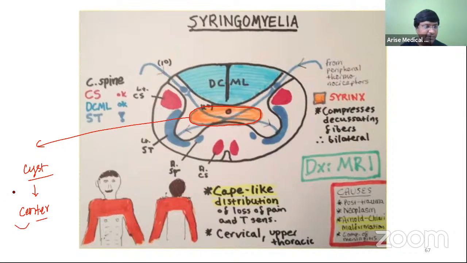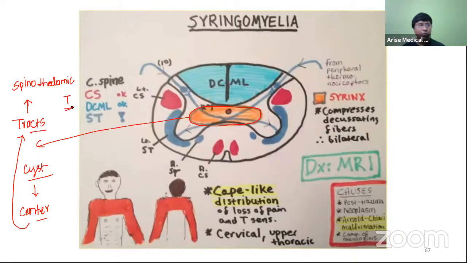Now, what are the tracts present in the center of the spinal cord? They are your spinothalamic tracts. What does this cyst do?